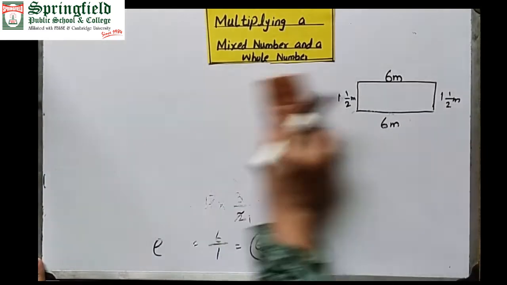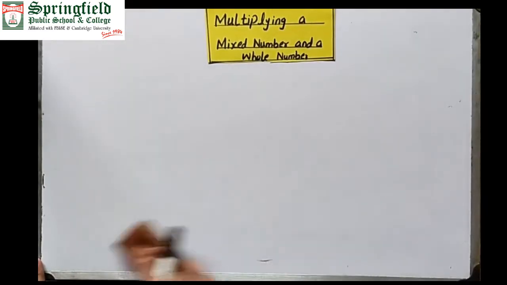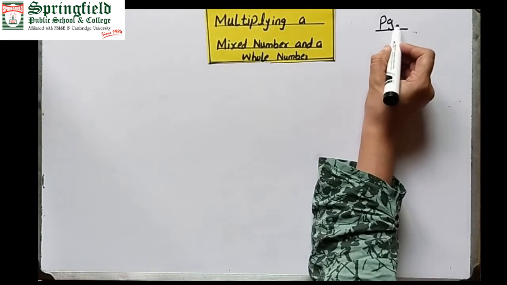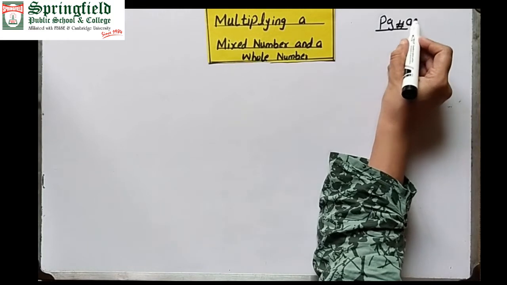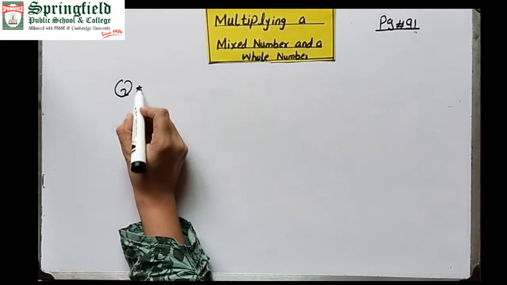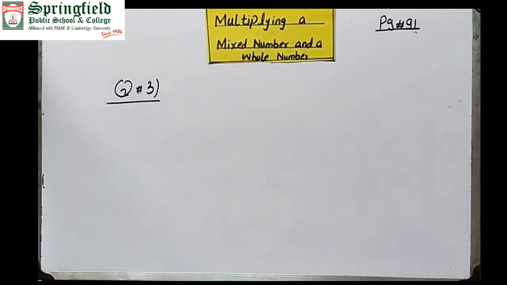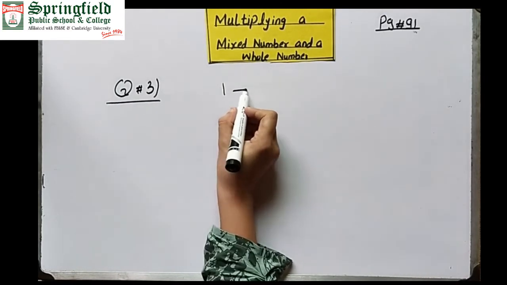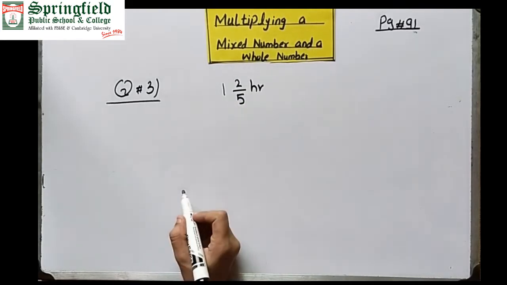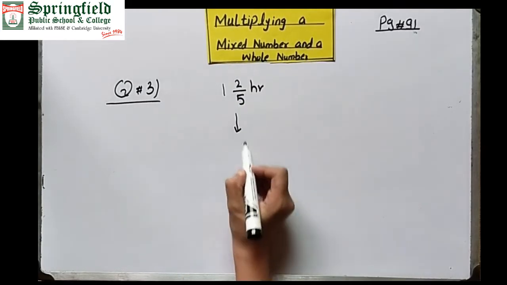No, we are doing page number 91, and question number 3. Fine. Okay, 1 whole 2 by 5 hours. So how can we convert into the minutes?